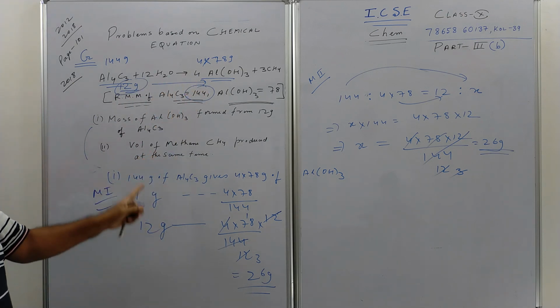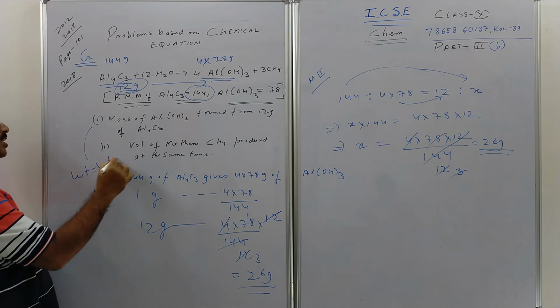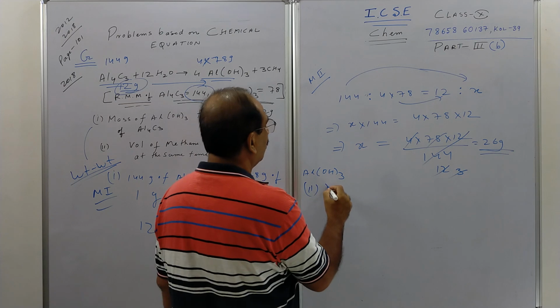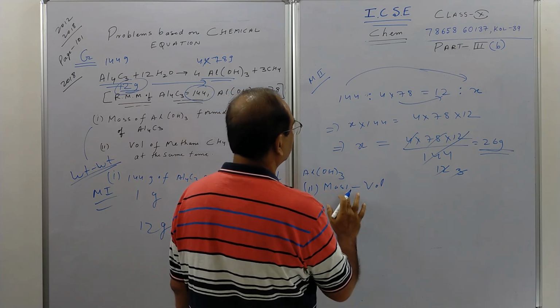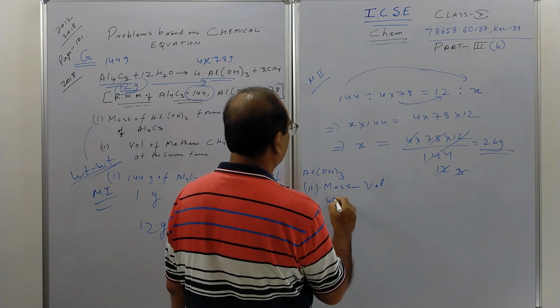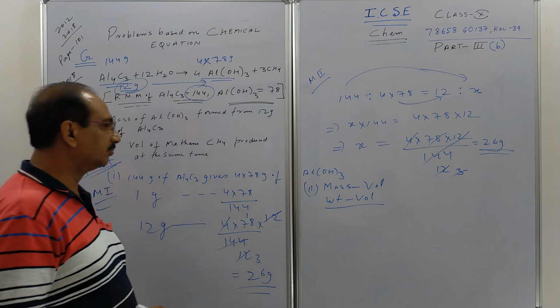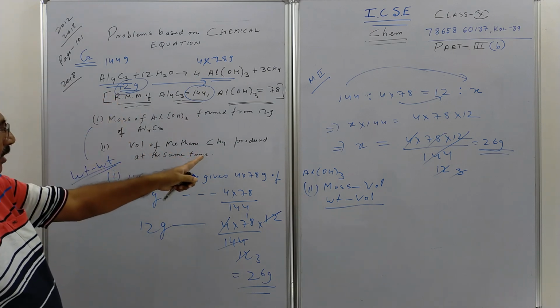Part 2, volume of methane. The first was a weight relationship, a mass relationship. The second part of the question is mass-volume, a weight-volume relationship. Here, the volume of methane produced.